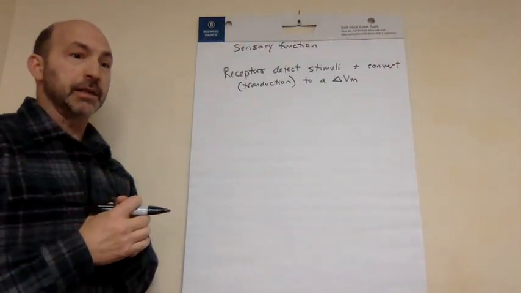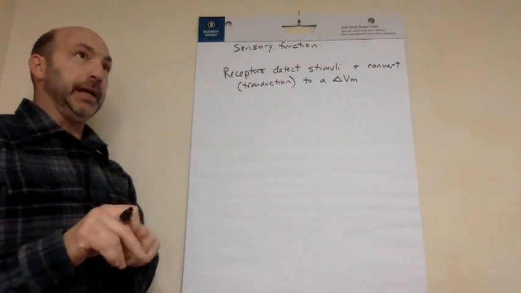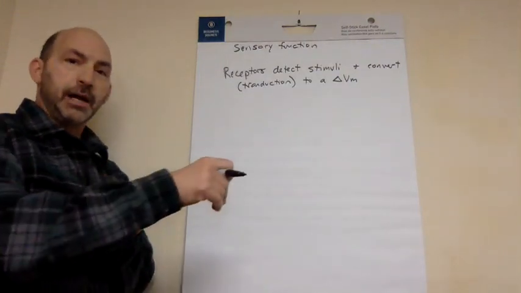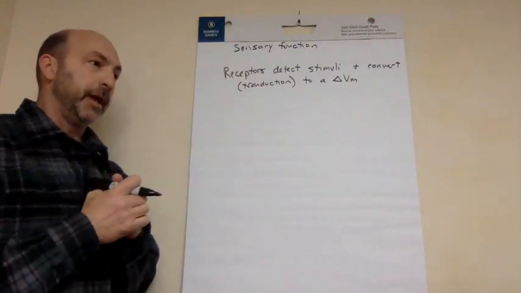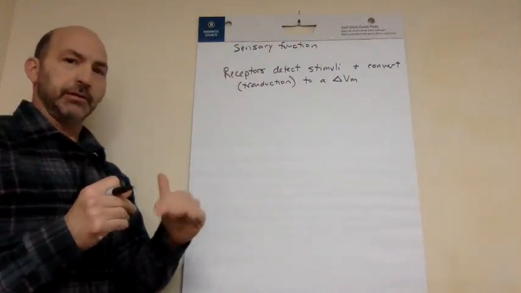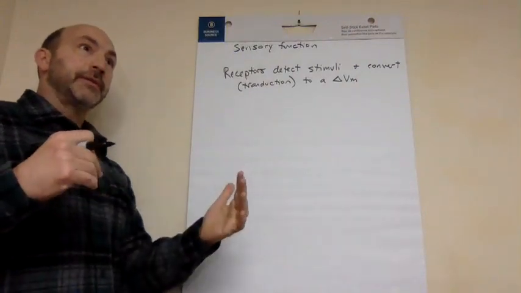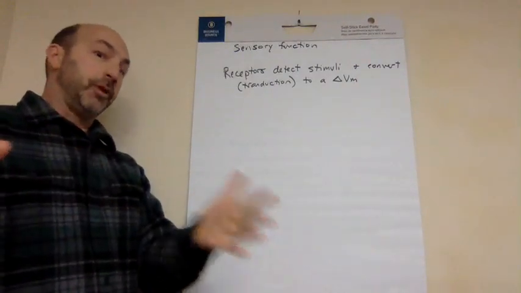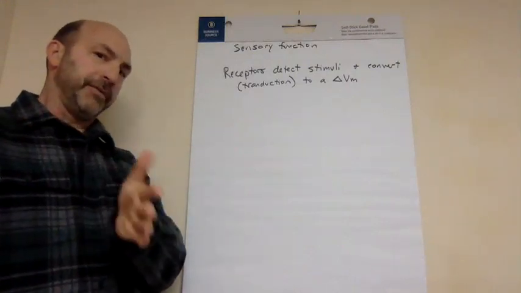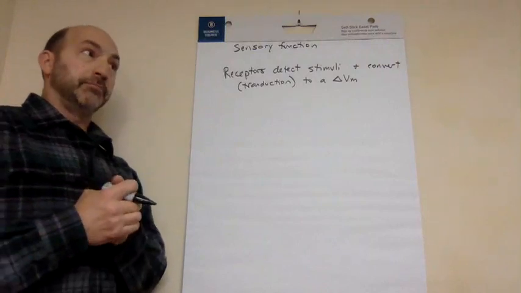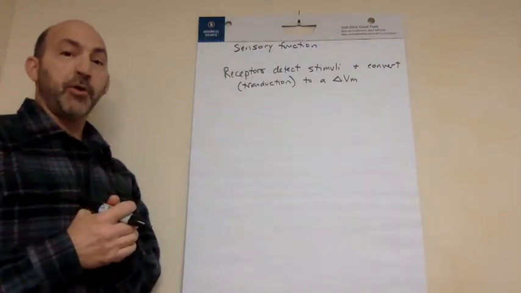So what that means is that anything, whether it be light input to photoreceptors in your eyes or tactile touch on your skin, has to be converted into electrical signals. That is just how our nervous system both receives and then transmits in a different form, in the form of an action potential or a series of action potentials, a nerve impulse, to the central nervous system for processing.